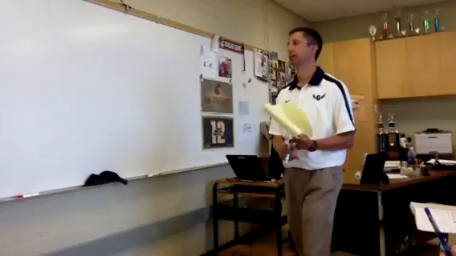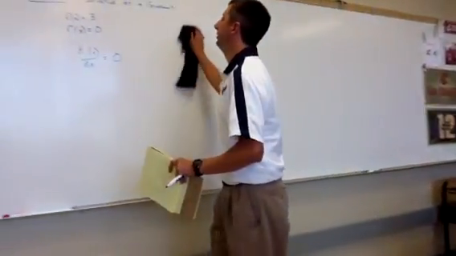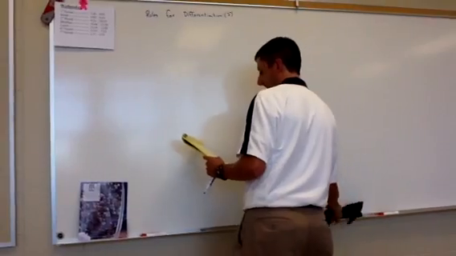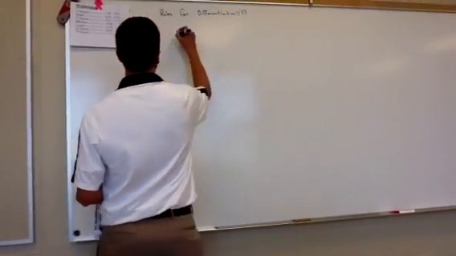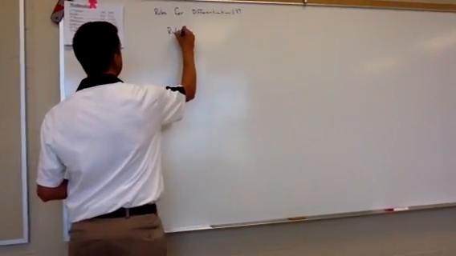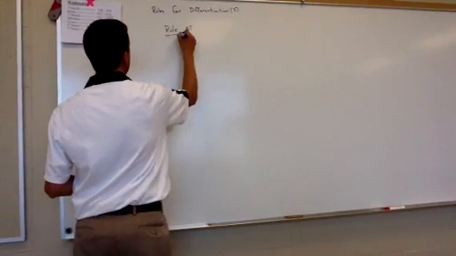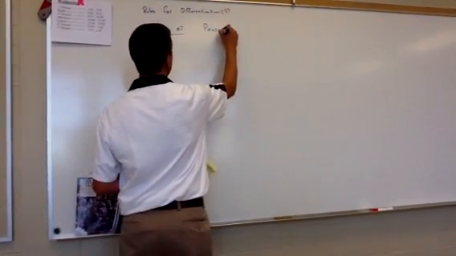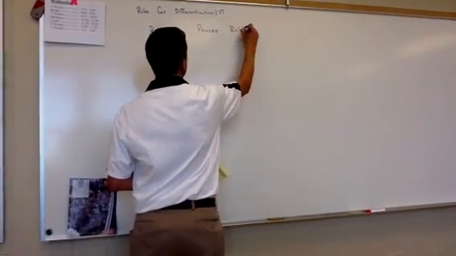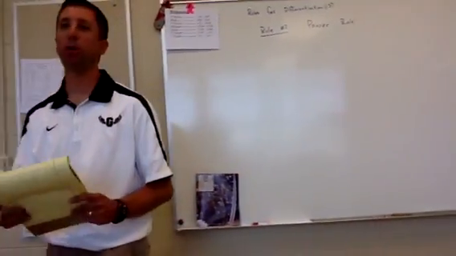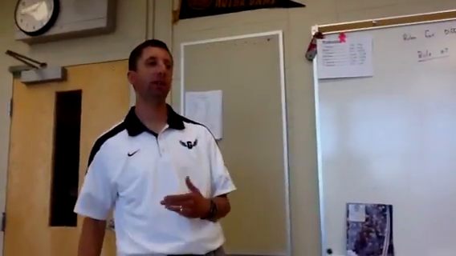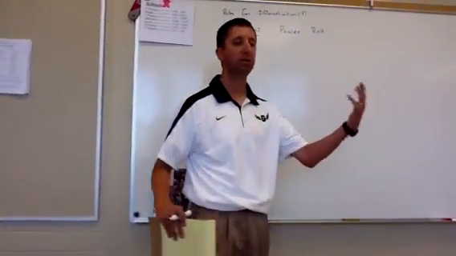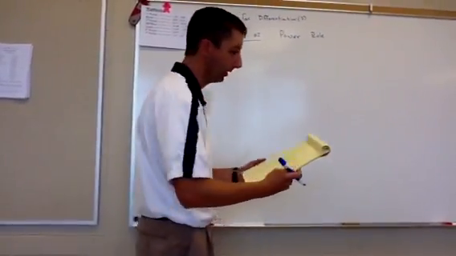All right? Rule number two. This is the shortcut rule. This is the power rule. Okay? This is the power rule. Our book breaks it up into the power rule for positive integers and negative integers. This is the one for positive integers, but it's the same for both.